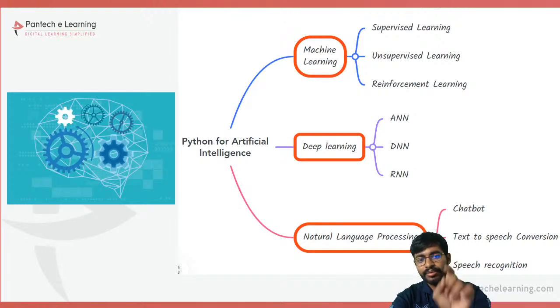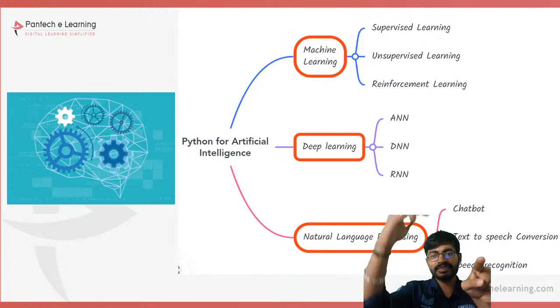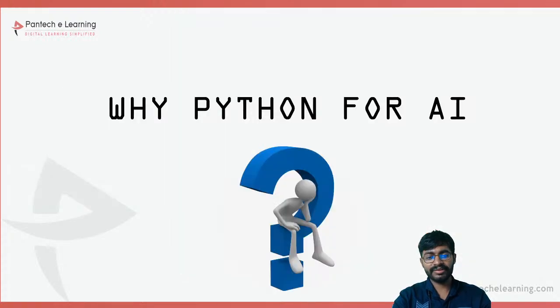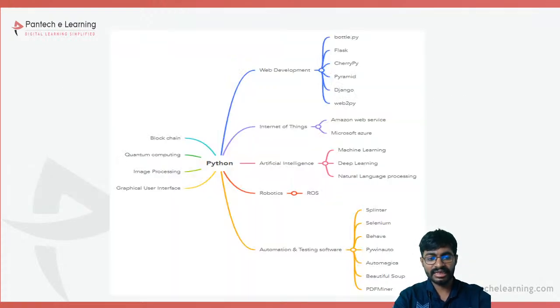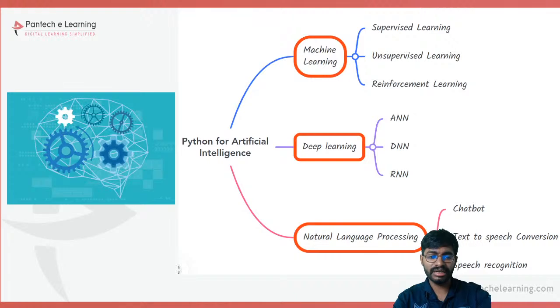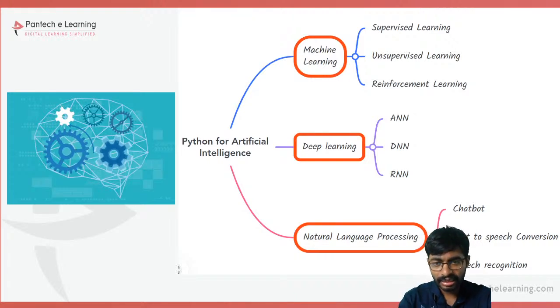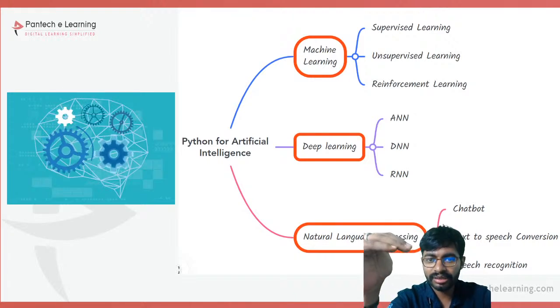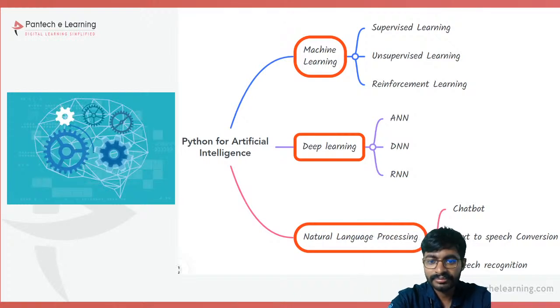If you just tap on Python, then these many courses or functions are available. If you want to learn web development, Internet of Things, artificial intelligence, robotics, automation, anything. So that will be clear for common Python. But with artificial intelligence, it is to create the script for integration purposes.